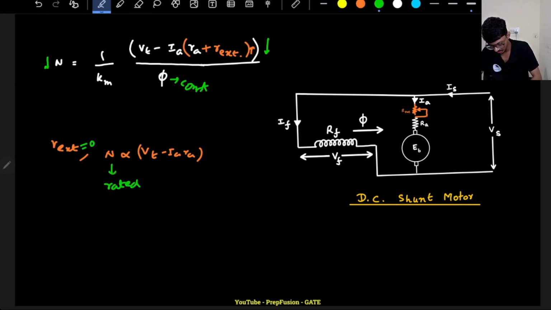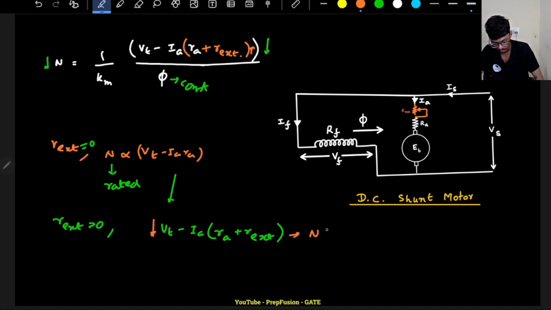Now if R external is present, greater than 0, then this becomes Vt minus IA into Ra plus R external. Hence this reduces further, hence the speed reduces further.